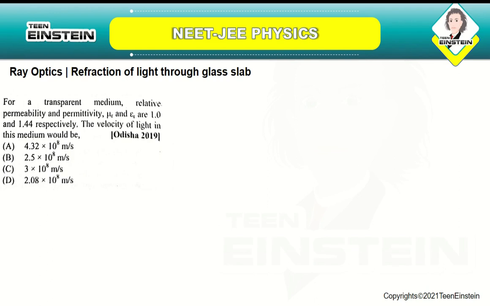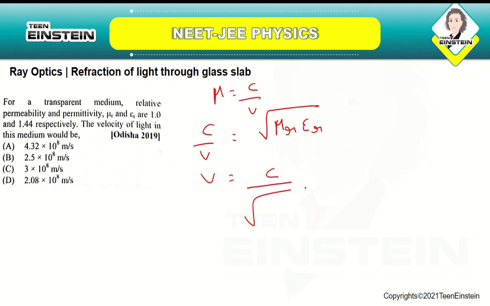Okay. So, here the refractive index of the transparent medium is given by mu is equal to C by V, or you know that C by V will be equal to root of mu r epsilon naught r. Okay. So, V will be equal to C by root of mu r epsilon naught r. So, the velocity is equal to 3 into 10 power 8 divided by root of, here the mu r value is 1 and the epsilon naught r is 1.44.